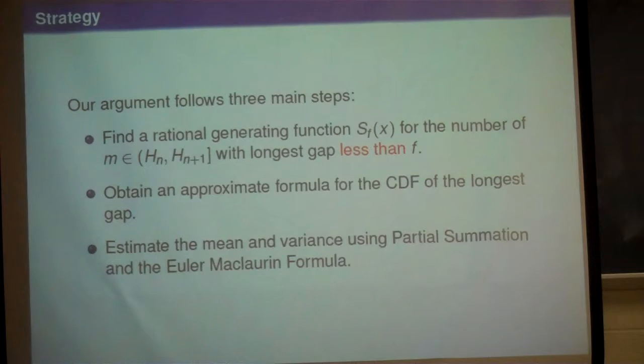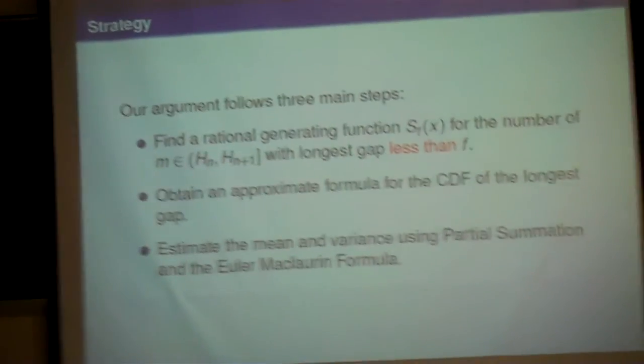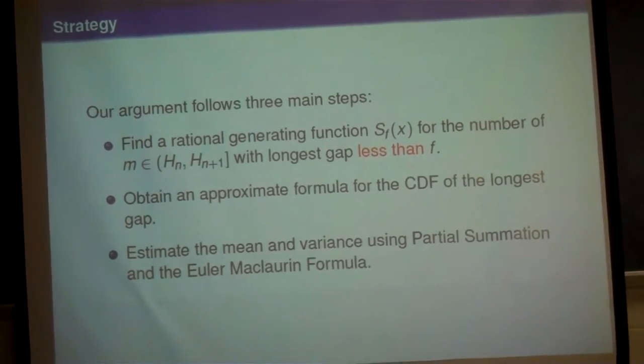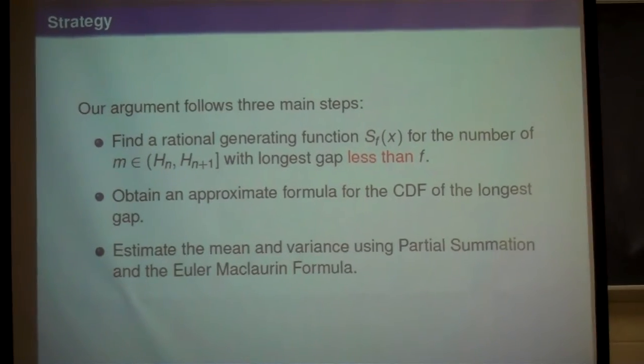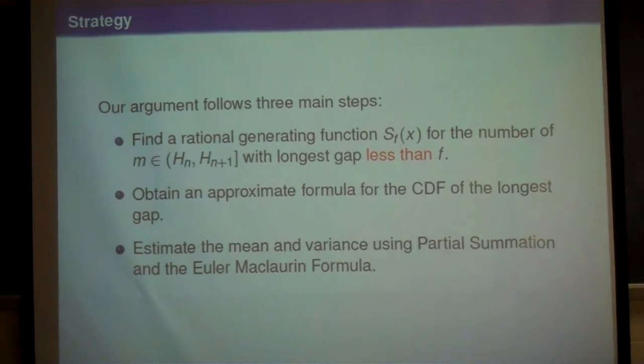Alright, so how do we go about proving something like this? Well, the first thing we do is find a generating function for the number of numbers in the interval h_n to h_{n+1} with a longest gap less than f. Once we have this generating function, we can find the cumulative distribution function for the longest gap very easily from that.